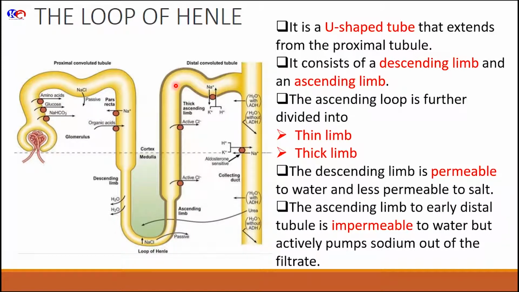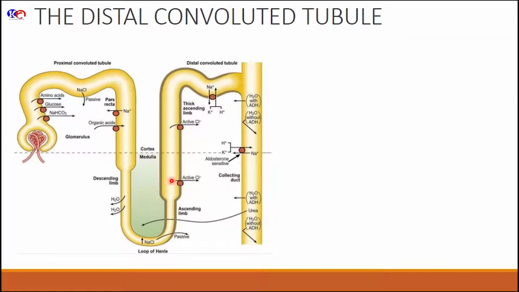However, as I said, the other part is impermeable to salt, but over here it is very permeable to salt, actively permeable to salt. So please take note of that. And that makes diluting very, very what? Possible.